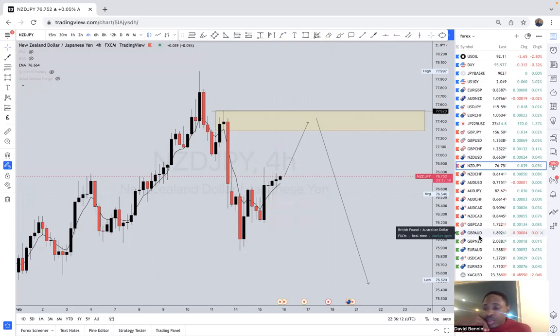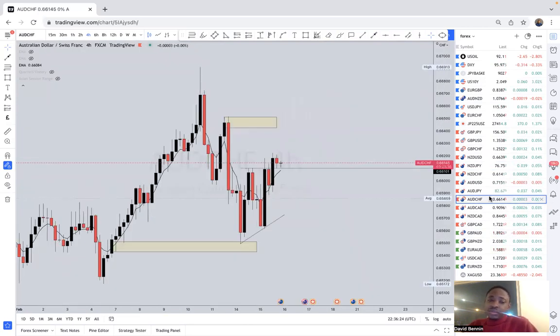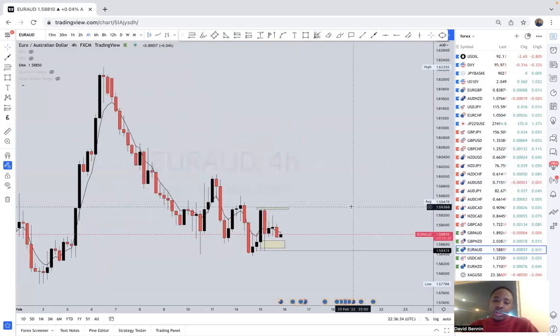So what I'm going to do is randomly select another instrument and then we'll look at it. So one of the two pairs that I've currently adapted and I'm trading is AUDCHF, and then EURAUD.